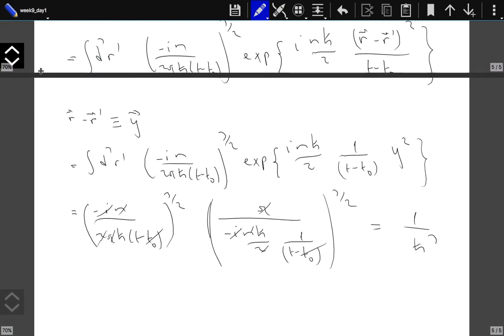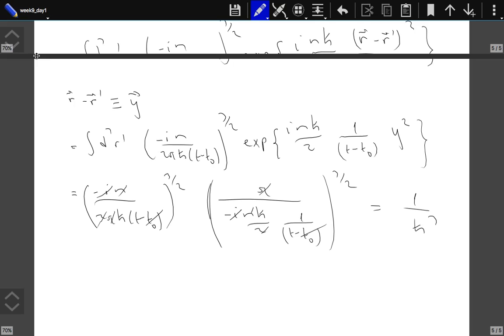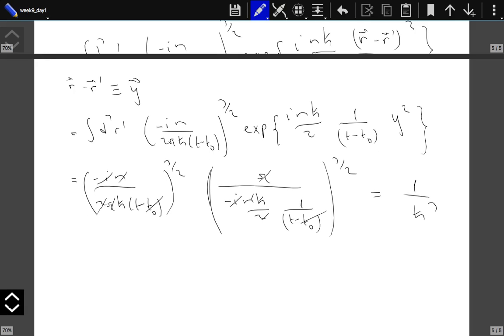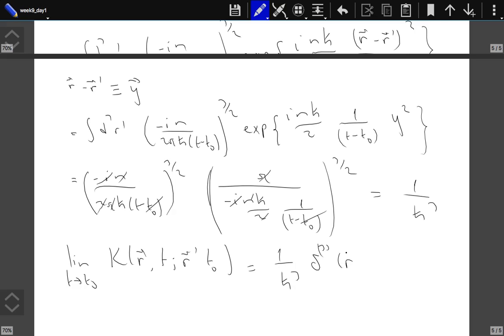Okay, let me just not waste more time over here. Well, this should have been 1. I had missed some factors of ħ somewhere in the calculation. But with our current expressions, what we had shown is the limit as t goes to t0 of this function is equal to 1 over ħ cubed times the Dirac delta of r minus r prime.